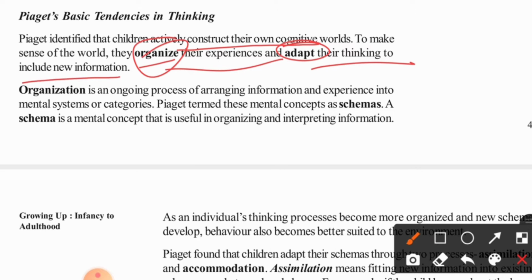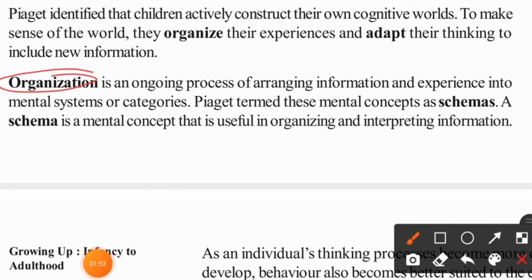Organization is an ongoing process of arranging information and experiences into mental systems or categories. For example, if you are a teacher, whatever you have learnt with your experience is there in your brain. The memory storage you have built is called your organization.